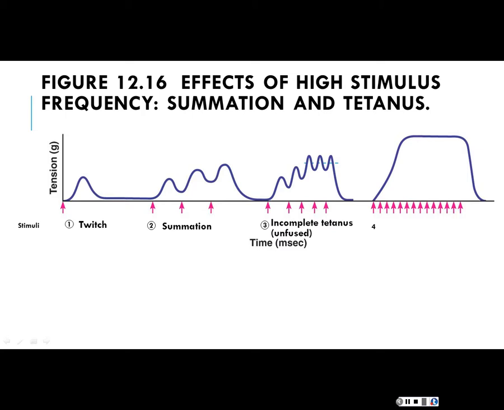The latent period is when the stimulus is received and there is no force being generated, and the excitation-contraction coupling occurs simultaneously. To clarify, excitation-contraction coupling comprises those intracellular events that we can't see, but we know a lot about, which we've been talking about for a couple of weeks.